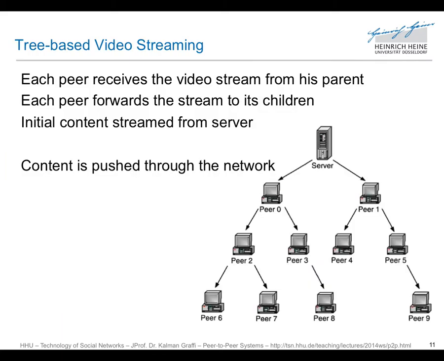Okay, so let's come to the overview of the typical solutions. This is one approach, very general, standing for different solutions. You have a tree-based approach, where there's the initial seeder, the initial server, which introduces the content, and then you try to set up a tree structure where every hierarchical level sends the stream one level down, and you have this propagation of the chunks of the files from top to bottom.